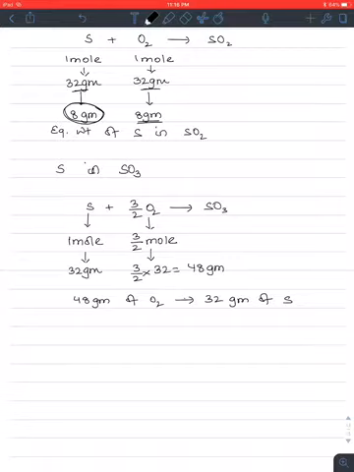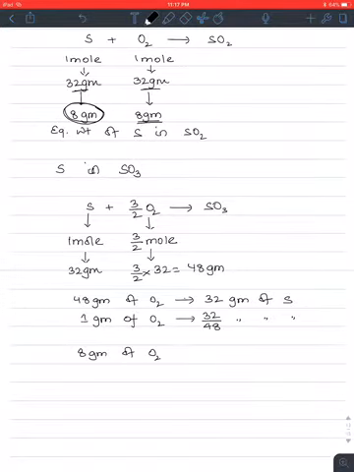And what is the definition of equivalent weight? It is that weight of sulfur which will react with 8 gram of oxygen. So with 48 gram of oxygen, 32 gram of sulfur is reacting. So with 1 gram of O2, what weight of sulfur will react? That will be 32 upon 48 gram. So with 8 gram of O2, it will be 32 upon 48 into 8.